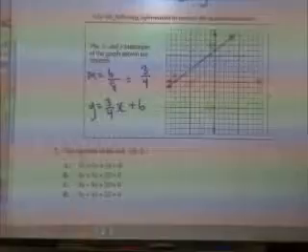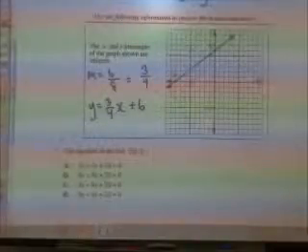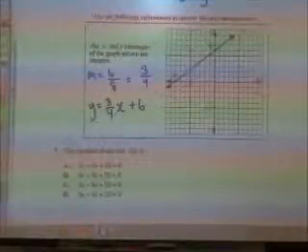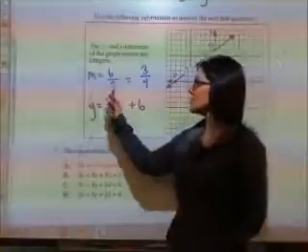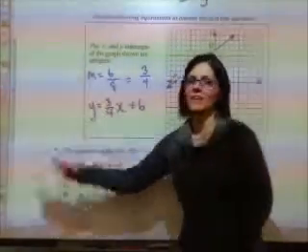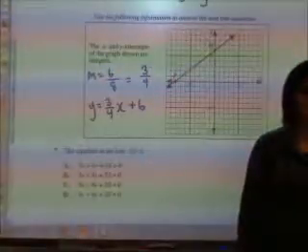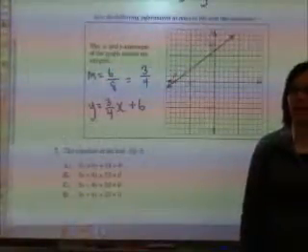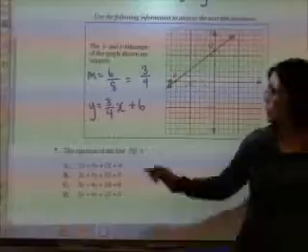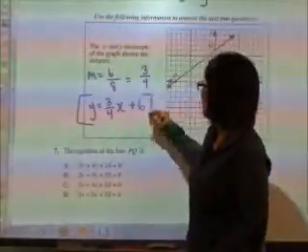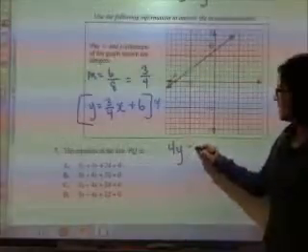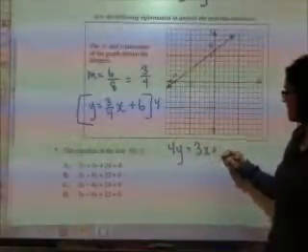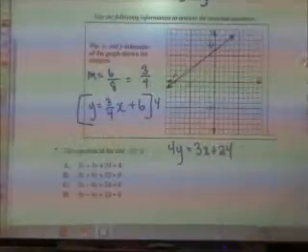Okay, but if I look at the equations here, they're not written in the same form. How are these equations written? General form. So I need to write this in general form, which means I need to get rid of the fraction. So what do I multiply everything by to get rid of the fraction? 4. So if I multiply everything by 4, I will have a 4y, a 3x, and a 24.